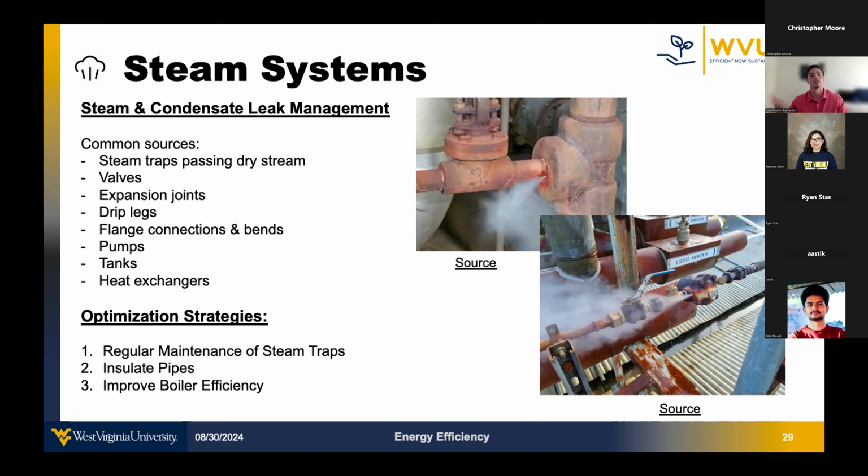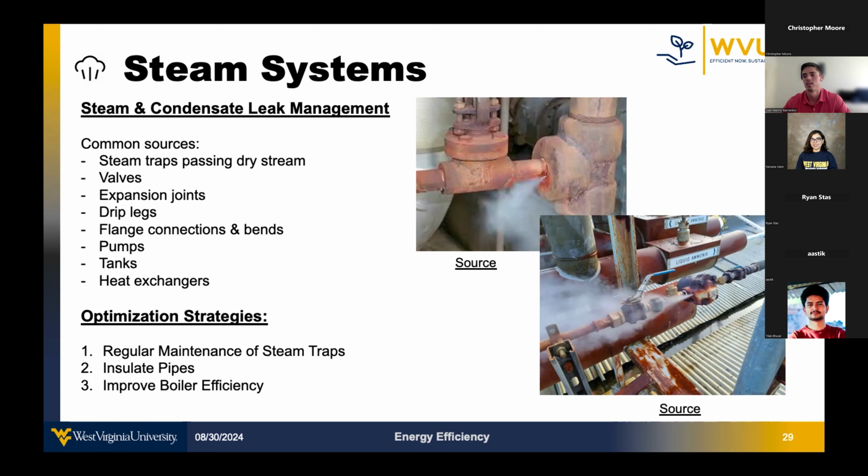By regularly inspecting these systems and common sources, you can address leaks promptly, and you can therefore significantly improve the energy efficiency of the steam systems, thereby reducing cost and enhancing system reliability.